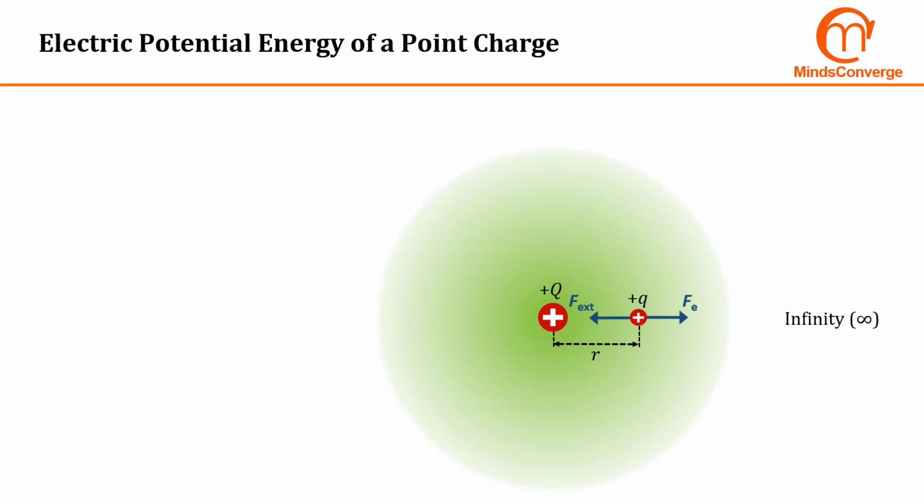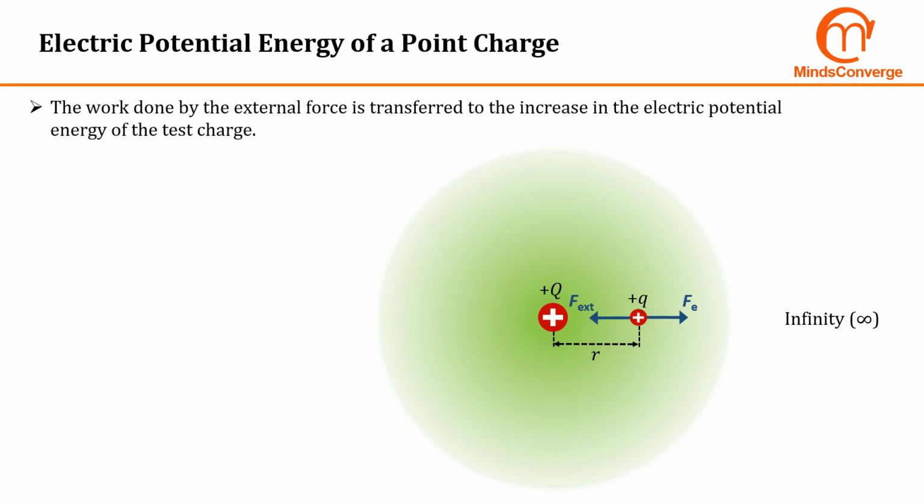The work done by the external force is transferred to the increase in the electric potential energy of the test charge. This can be written as the equation: the work done by the external force equals the change in electric potential energy. The change in electric potential energy is equal to the final electric potential energy minus the initial potential energy.